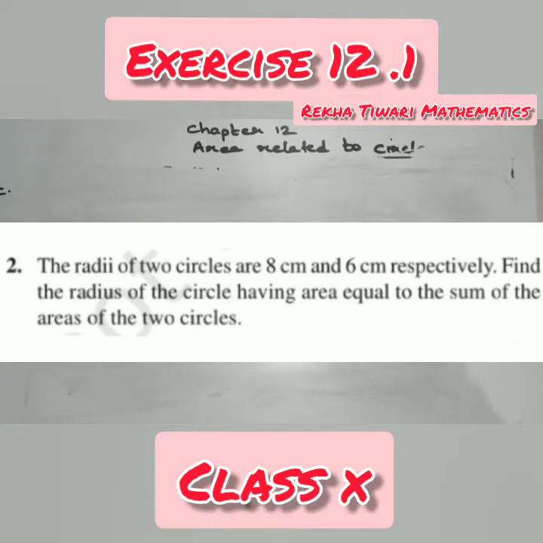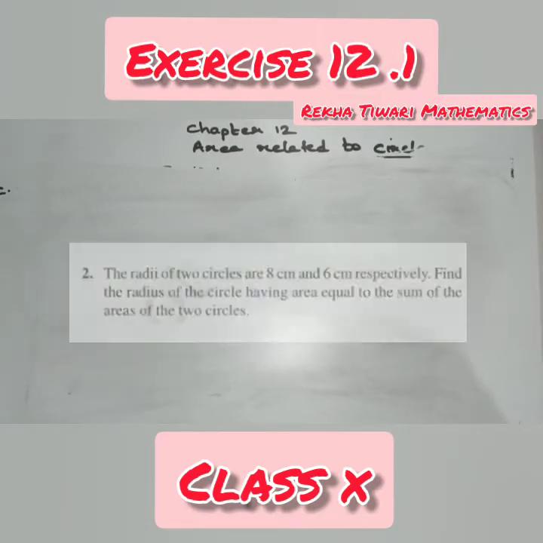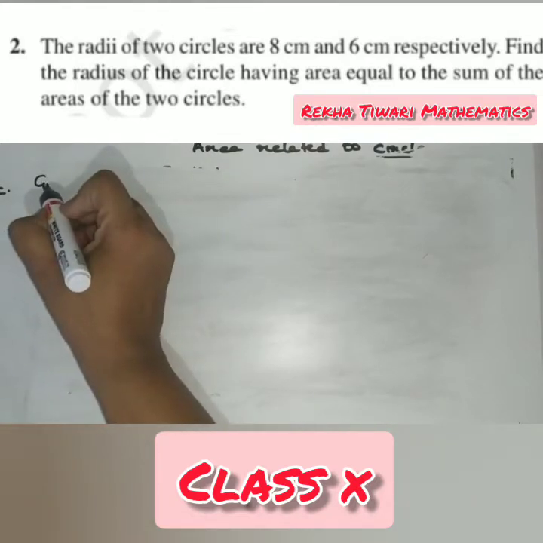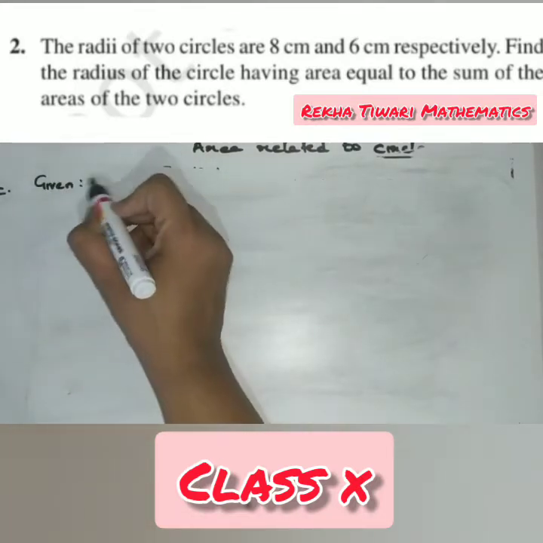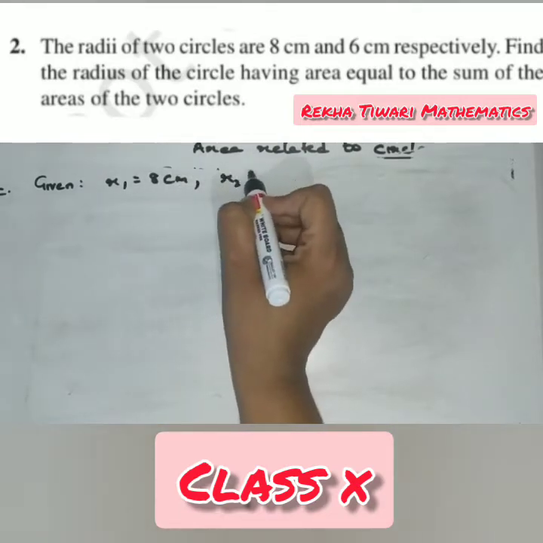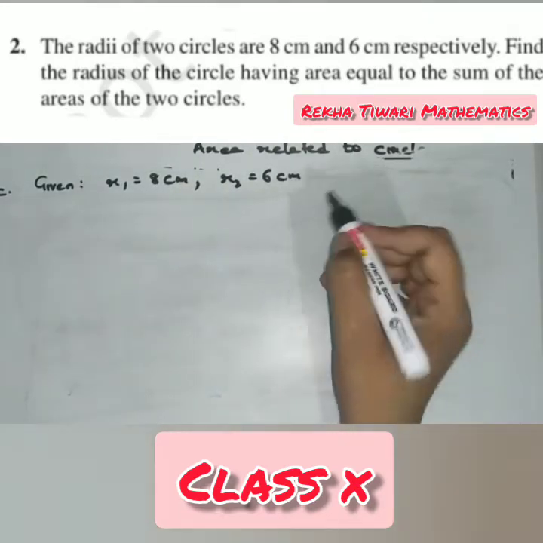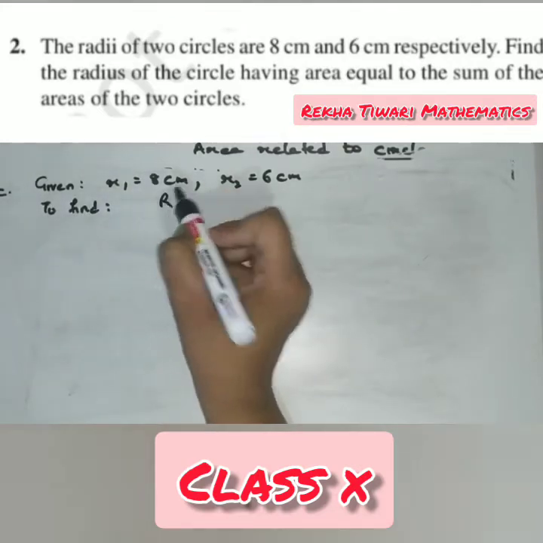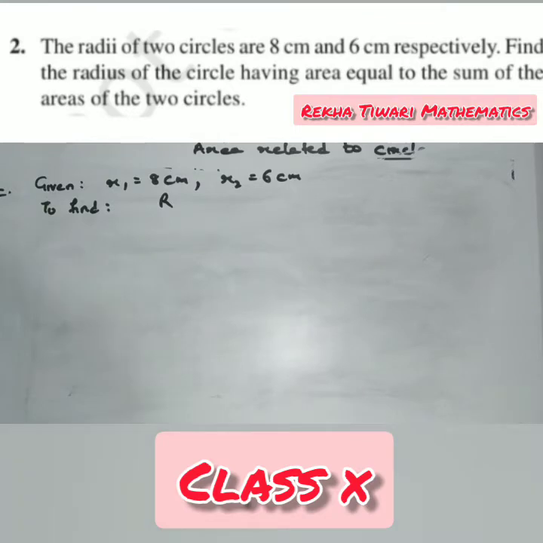In the previous question, circumference of two circles is equal to the circumference of the new circle. In this question, area of two circles is equal to the area of the new circle. Okay. So what is given here? Given R1 is equal to 8 centimeter, R2 is equal to 6 centimeter. And what you have to find out? You have to find out the radius of the new circle.